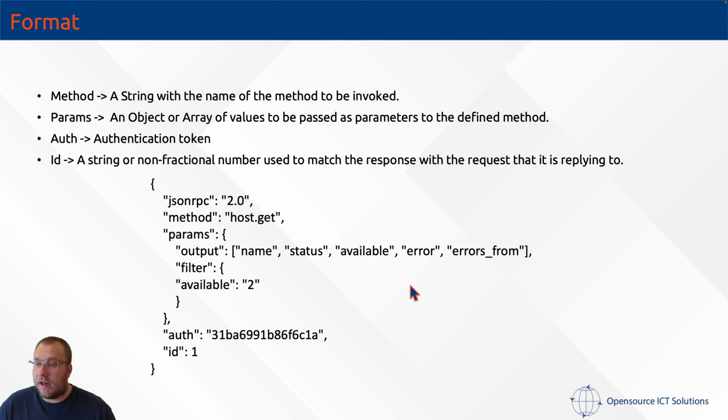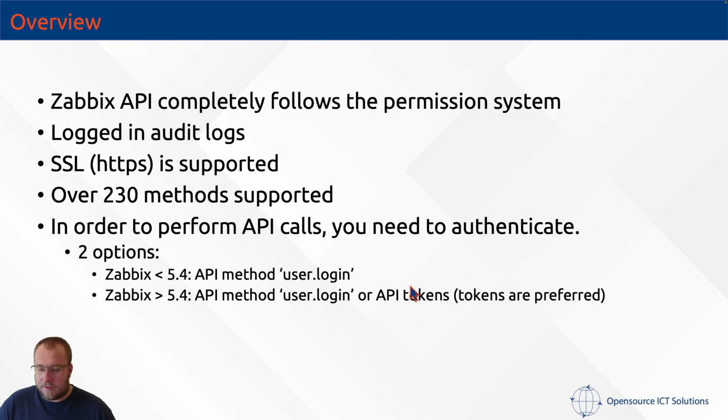Okay, I already mentioned authentication briefly. What's going on? Well, the API is part of the web server and it is following the permission system completely, one-to-one. If a user in the front end cannot see a host, that same user cannot get out that host via the API.